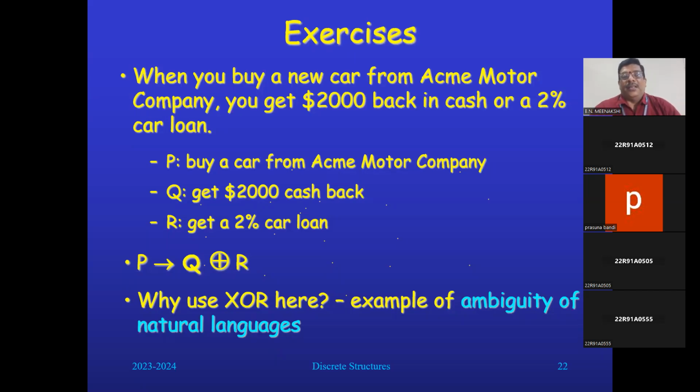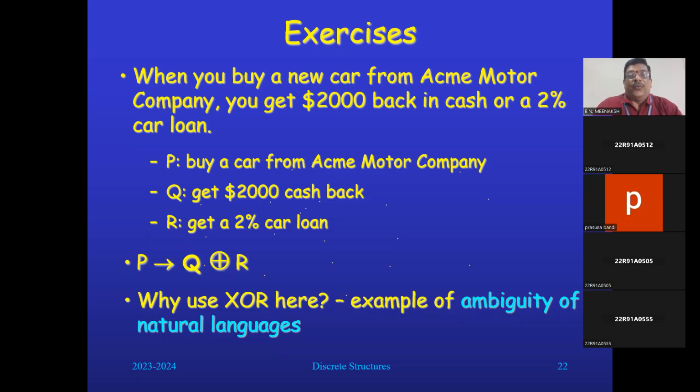Let P be the proposition. We are having three statements out there. One is buy a car from the motor company. The second one is get $2,000 cash back. Then the third statement is get a 2% car loan.